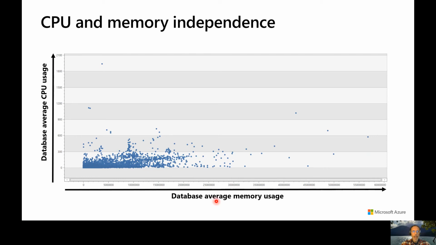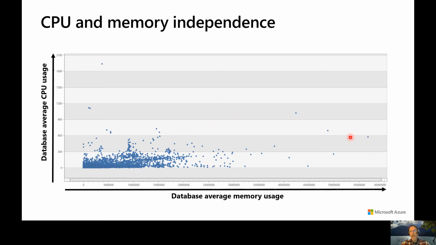On the horizontal axis is the average memory usage over a week-long period, and on the vertical axis, the average CPU usage over a week-long period. And somewhat belying the way it looks here, there's actually hundreds of thousands of databases represented. So quite a large sampling of databases were used here from data centers around the world.